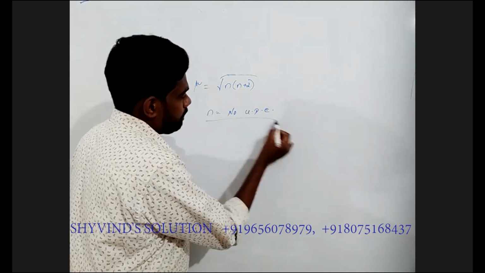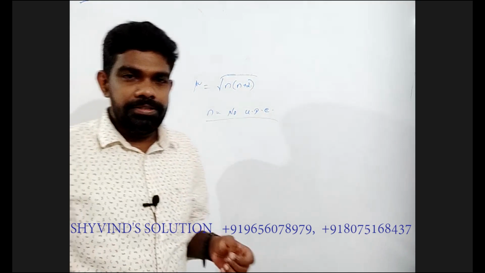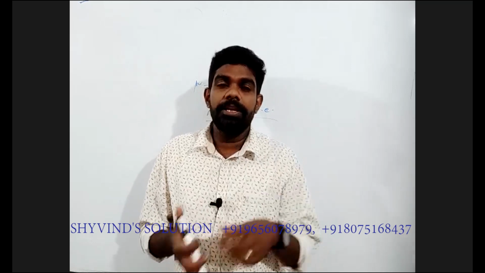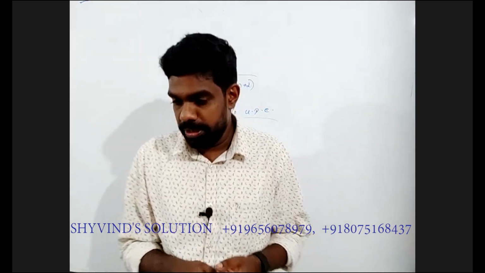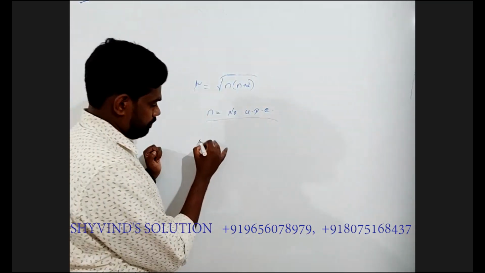By seeing this equation it seems very easy, but it's not that easy, because to find the number of unpaired electrons, we need more.